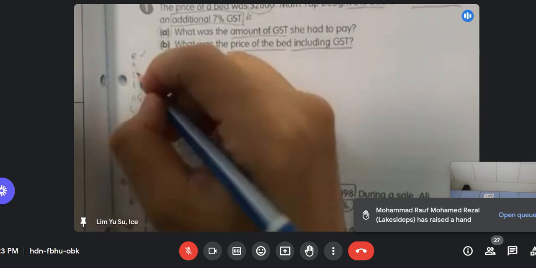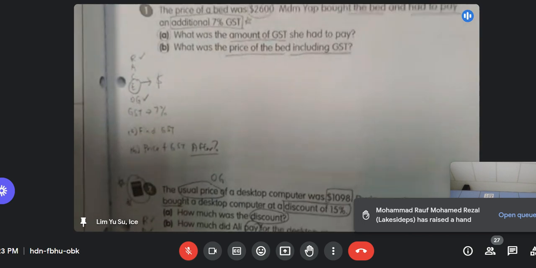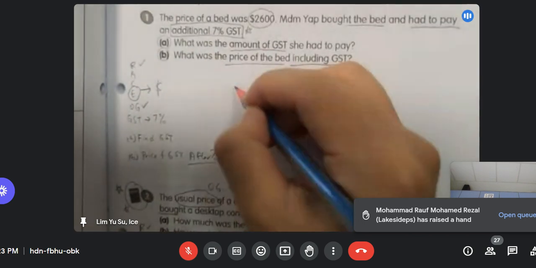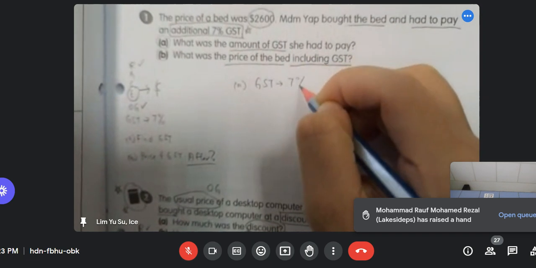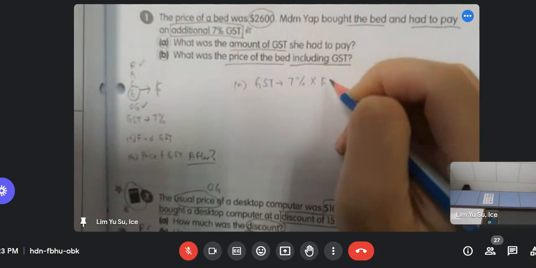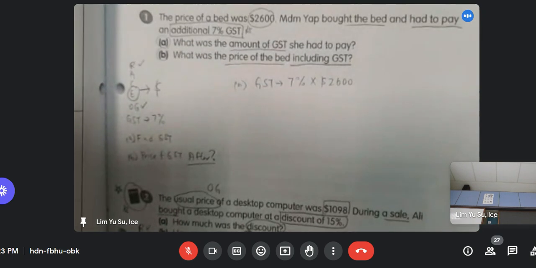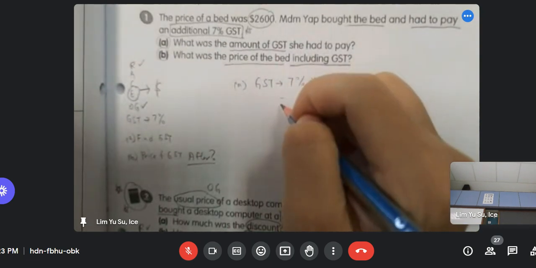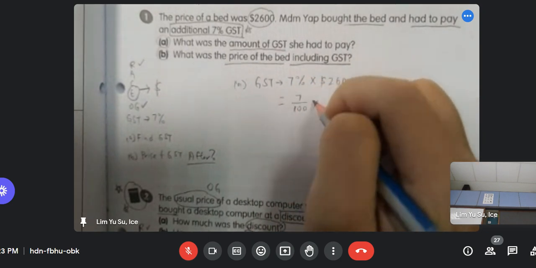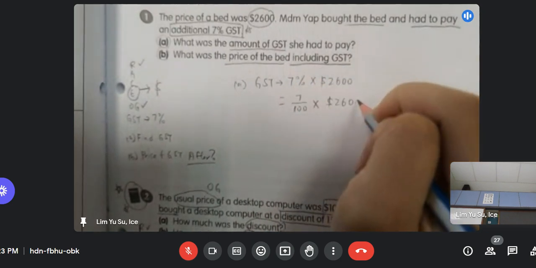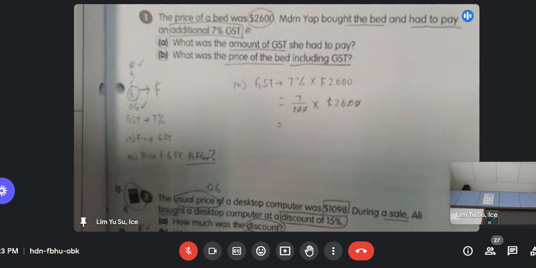Okay, I've done my notes. This should be dollars, just like the previous question. So A, find the GST amount, 7% of $2,600. Convert to fraction, I can do the cancellation, it is 26 times 7.